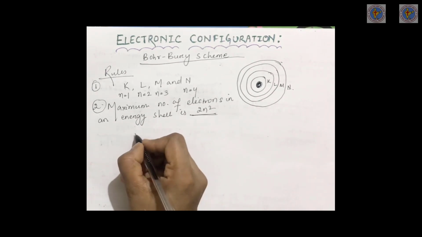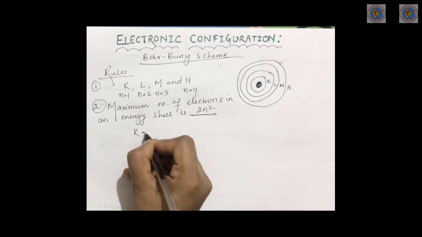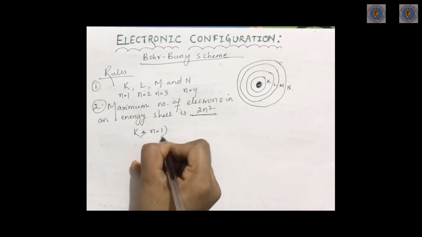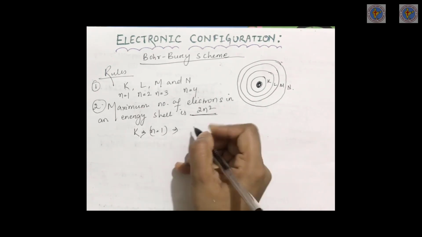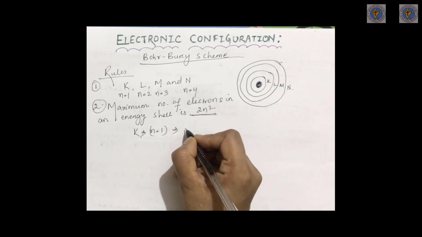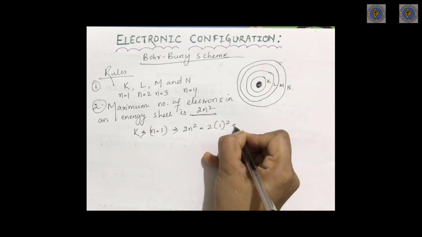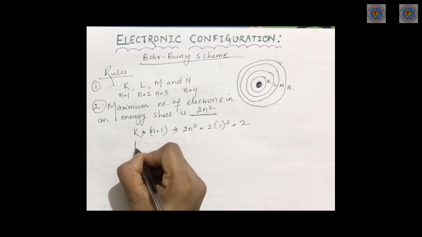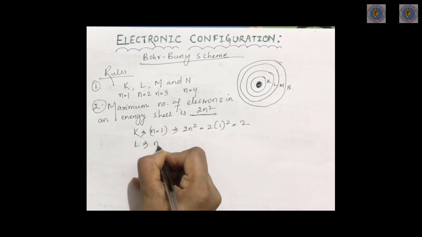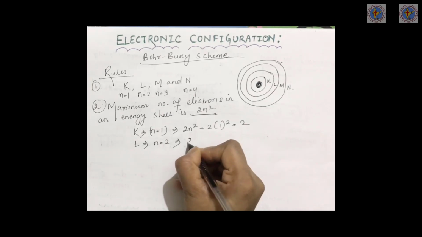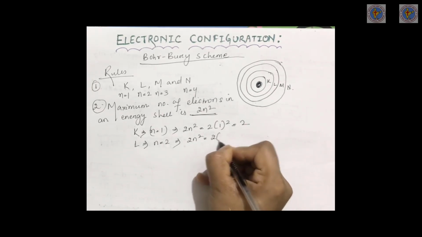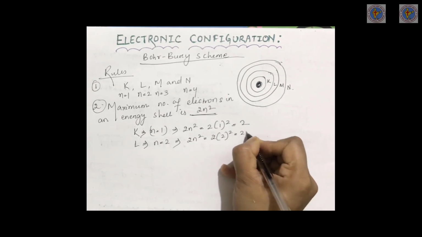For example, for the K shell, when n is equal to 1, the maximum number of electrons that can be accommodated in this shell is 2n square. That means 2 times 1 square, that means 2. Similarly, for L, n is equal to 2. So 2n square means 2 times 2 square, that means 2 into 4.